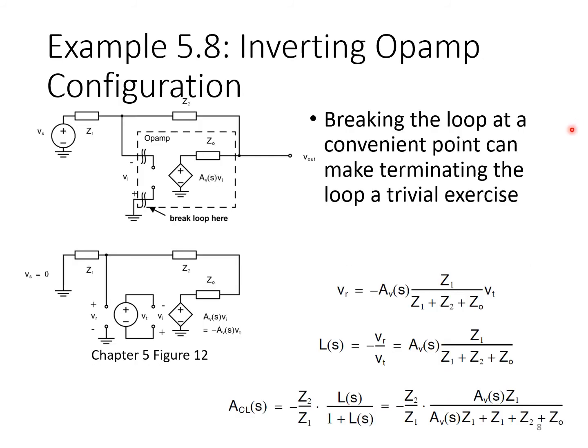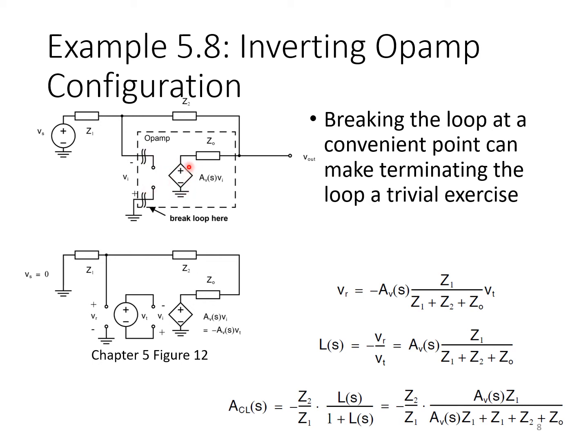When it comes to terminating the loop with an appropriate impedance, it can be really worthwhile to take a bit of care in deciding where you want to break the loop. If you break the loop at a convenient point, that can make terminating the loop a really trivial exercise. So for example, consider the inverting op-amp configuration shown here. We've taken the op-amp circuit itself and replaced it with a linear model for our analysis. The differential input to the op-amp is Vi across these two terminals here.